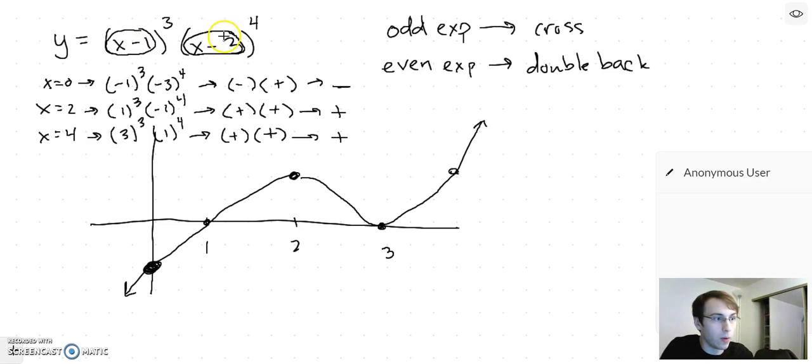But when the inside flips sign and there's an even exponent, the even exponent kind of cancels out that sign flip, because it doesn't really matter whether the inside is positive or negative. Anytime you raise to an even exponent, you're going to get a positive result. So that's why the exponents, whether they're odd or even, make it either cross or double back in the graph.